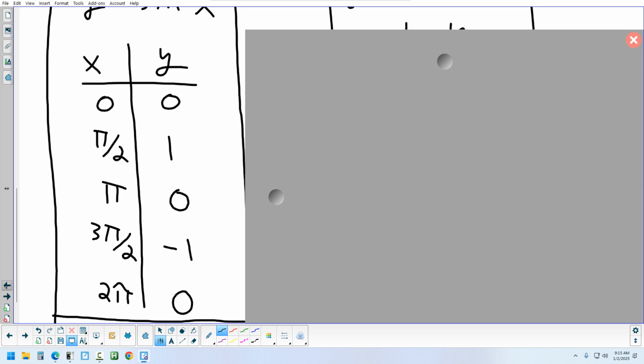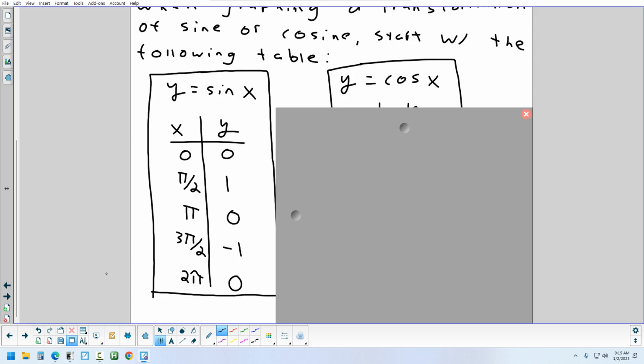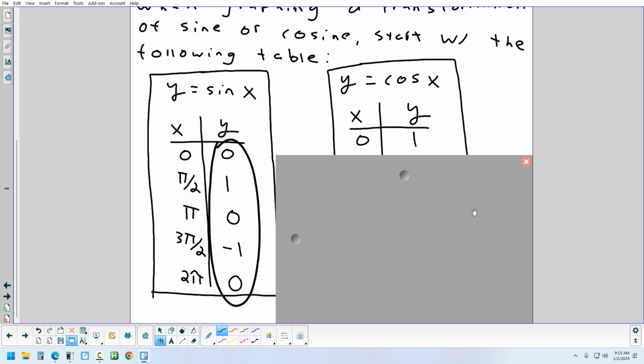Now, cosine is all of these coordinates just shifted. So if you just take all the y values in this right column, and if you could just shift them all up one slot and leave all the x's where they are, those would be your new y values. Yeah. So take all of those, slide them up, and that's cosine.